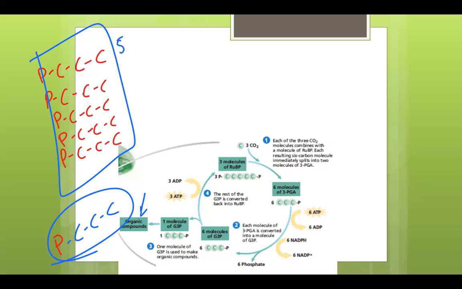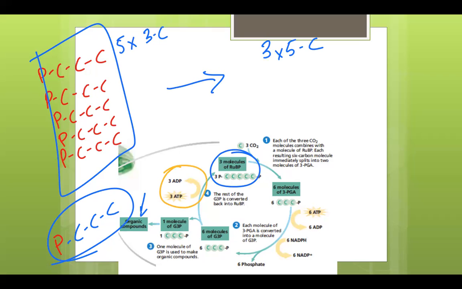So you've got 5 times 3-carbon compounds, and you have to convert them into 3 times 5-carbon compounds, which is here. So let's just go ahead and rearrange those, and you'll be able to see why we need an additional ATP here. Okay, so first I'm just going to start making my RUBP, which you can see here is a phosphate with 5 carbons and another phosphate at the other end.